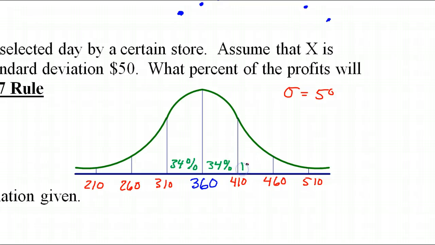We memorized that this section right here is 13.5%. This part right here is 2.35%. And the last part on the end is 0.15%.